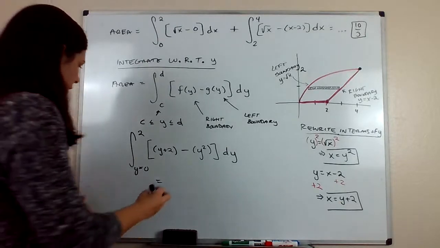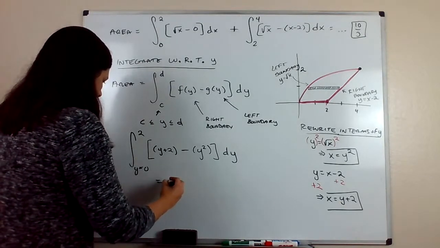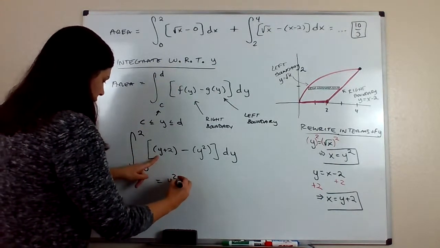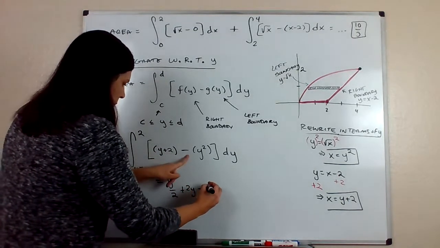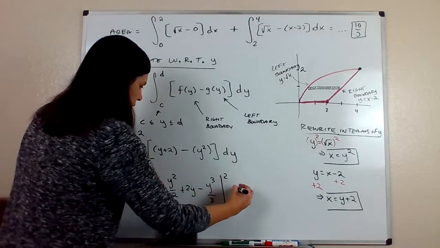So let's just do a little bit of integration really quick so that you can see that we're going to get 10/3. So this is going to be y squared over 2 plus 2y minus y cubed over 3, evaluated from 0 to 2.